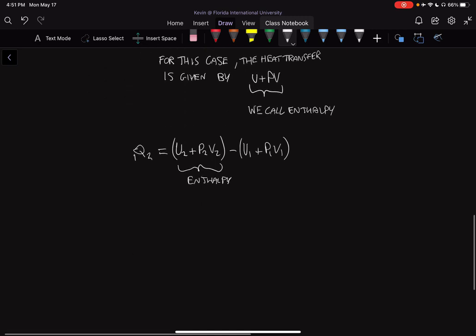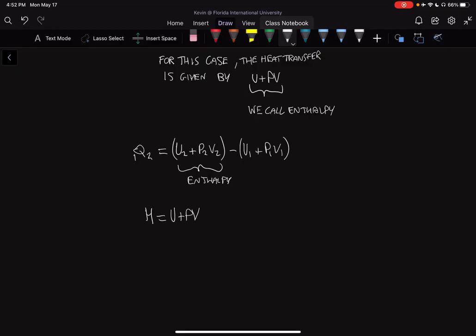We can write that H is equal to U plus PV. So it's essentially a term for us to have some shortcuts and to figure out faster what values could be in certain situations. And we'll look at certain situations where enthalpy is a lot easier to use than internal energy and then finding PV every single time.